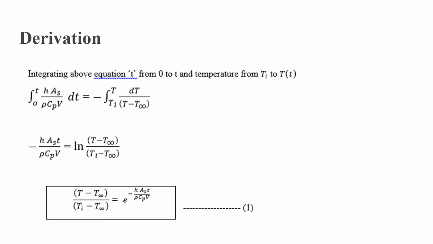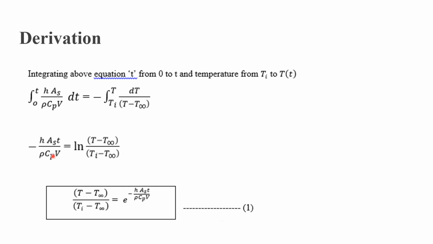If I continue with that, now I have to integrate both the terms. I have to integrate time from 0 to t and temperature from Ti to T. Integration of dt is nothing but t. Integration of the right hand side is 1 by x into dx, that is ln x. If I put the limits, I will get ln of (T minus T infinity) by (Ti minus T infinity).